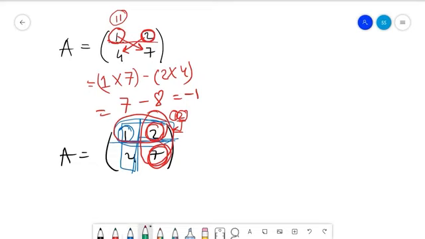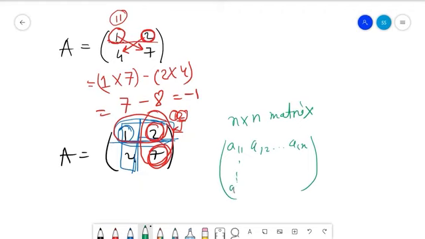So in general, if you had an n cross n matrix, and let's say you have it like this, a1 1, a1 2, and so on up to a1 n, and there are more over here. If you start from here, you take this element first and you forget about the corresponding row and corresponding column.